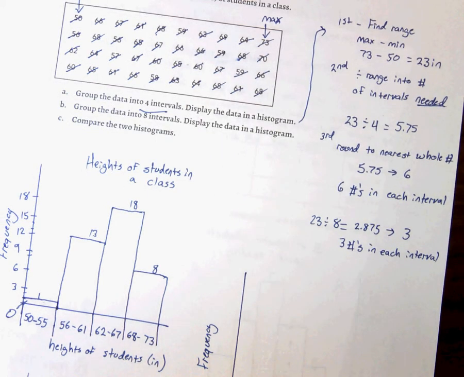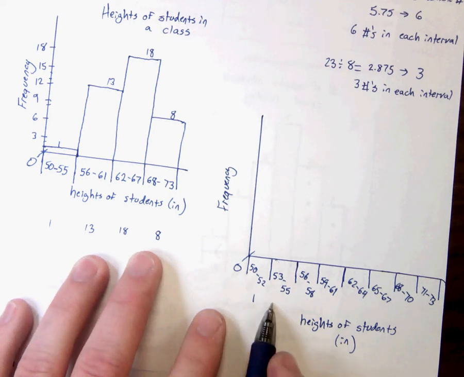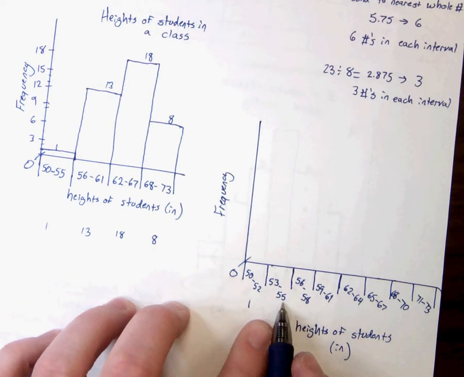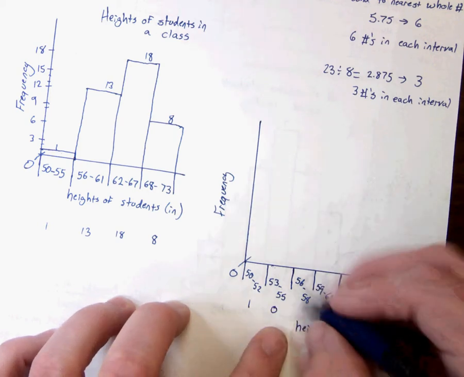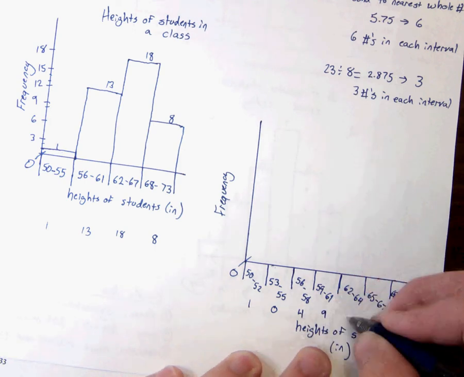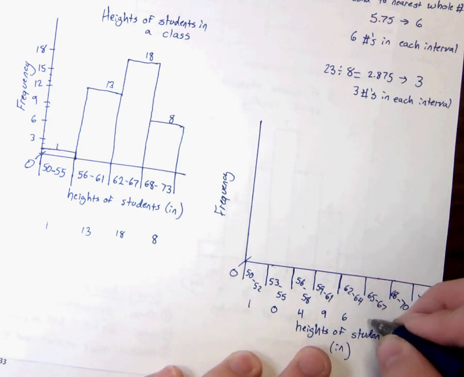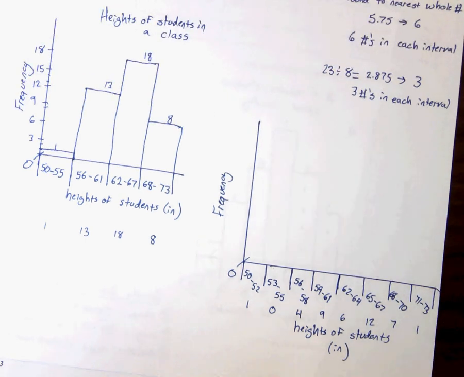If you count the 56 to 58, 4 kids, then 9 kids, then 6 kids, then 12 kids, and 7 kids, and 1 kid. Now, if you look, the highest number is 12, meaning if I went at least to 18, I would be good, but I could technically be good with 12.